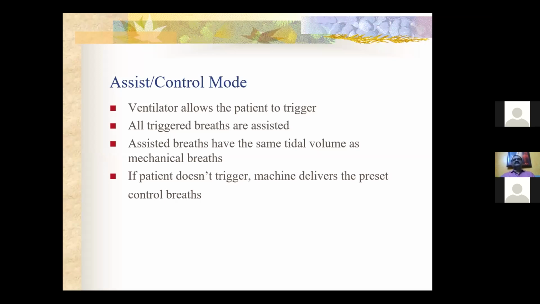Okay, we have set 400 ml. It will give a mandatory breath and wait for some time depending on the rate we have set. And in between, if the patient is taking a spontaneous breath and it triggers depending upon your trigger settings, then that triggered breath is also supported by the ventilator with the same tidal volume.